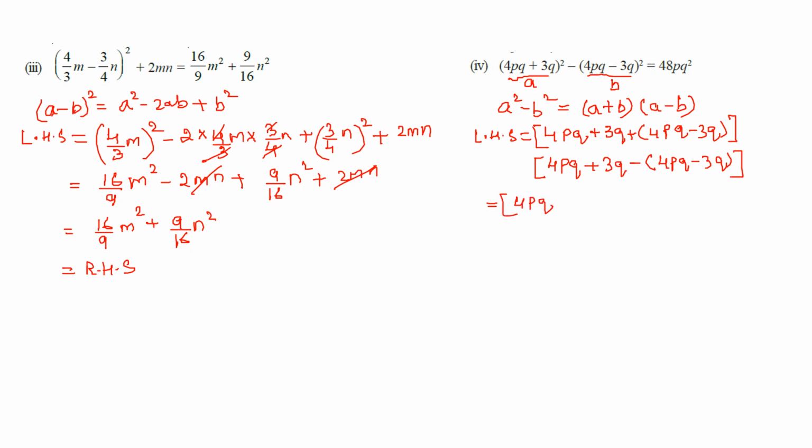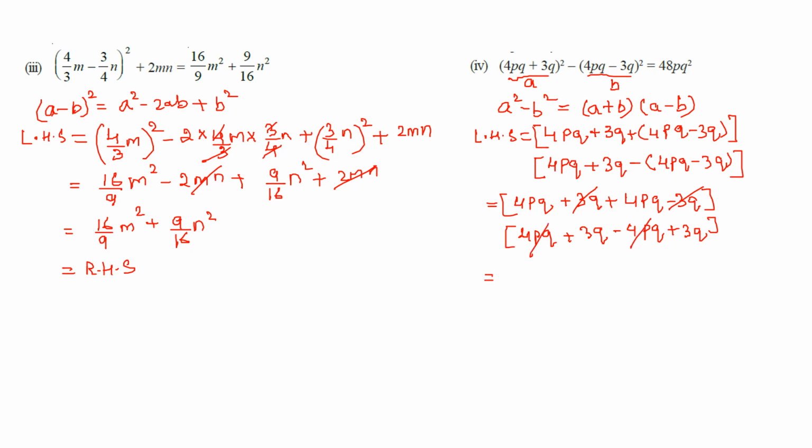Now 4pq plus 3q plus 4pq minus 3q. I am opening the bracket. And the second one will be 4pq plus 3q. Now before the bracket there is a minus sign, so the sign will change: minus 4pq plus 3q. Now something I can cancel. 3q minus 3q and here 4pq minus 4pq.